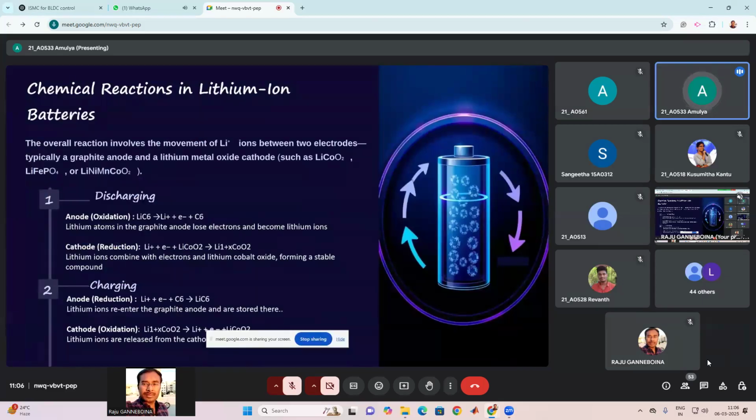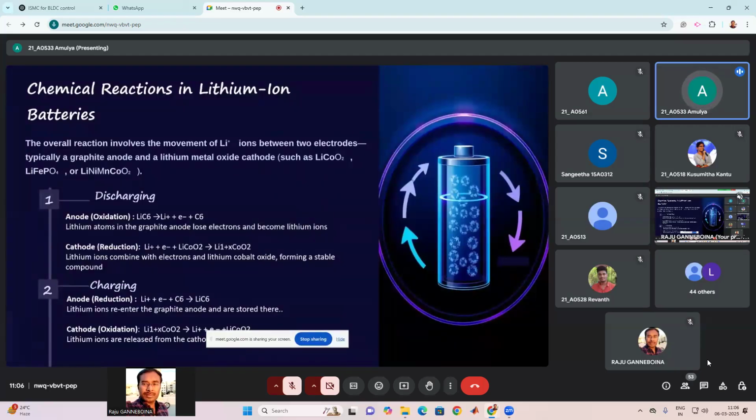Charging is where we store the energy, and discharging is where we use the stored energy for our various applications. In discharging, first oxidation occurs at the anode, where LiC6 is split into Li+ and electrons, giving out the electrons, and at the cathode, reduction happens where the Li takes the electrons, forming a compound.